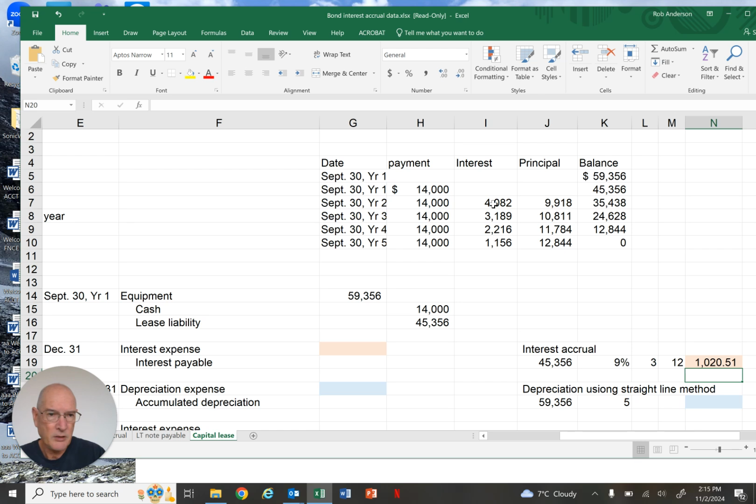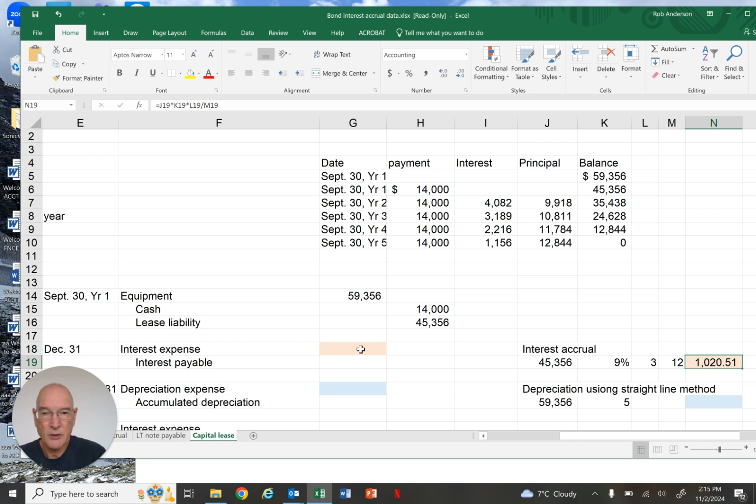The full amount of interest for a year is going to be $4,082, but we're carving out 1/4 of that. And if you do this in your head, we're pretty much to the penny, aren't we? 3 months out of 12, or 1/4 of 4082 is our 1020, and Excel calculated 51, so a penny. So basically that is our interest expense in December.